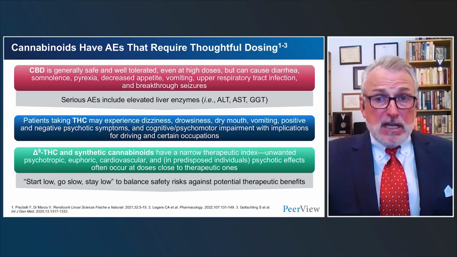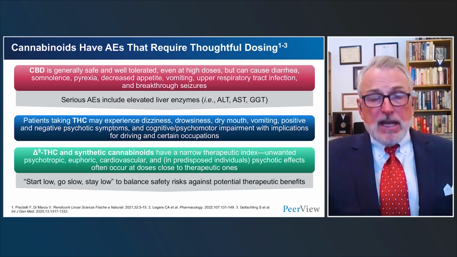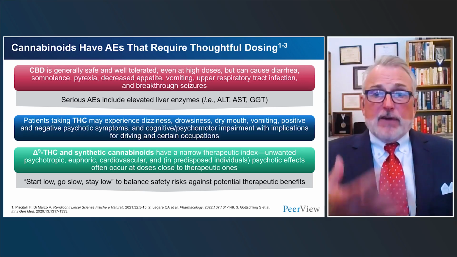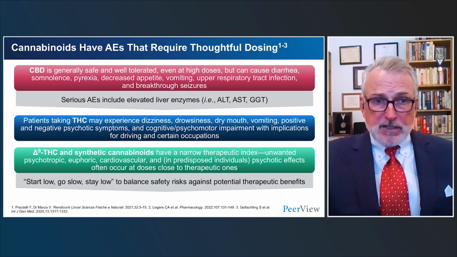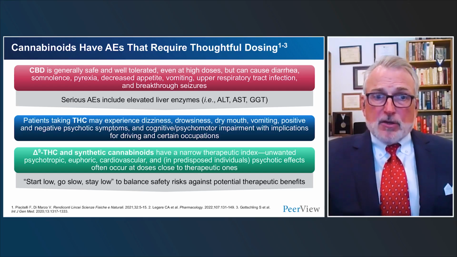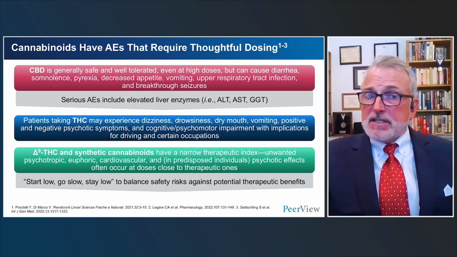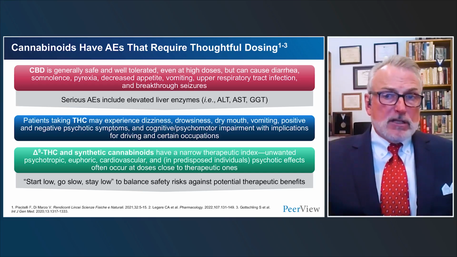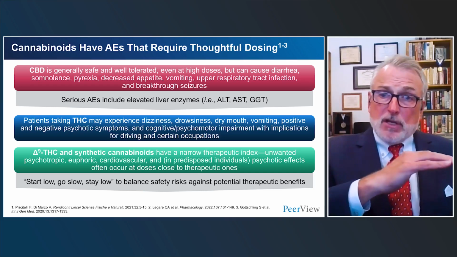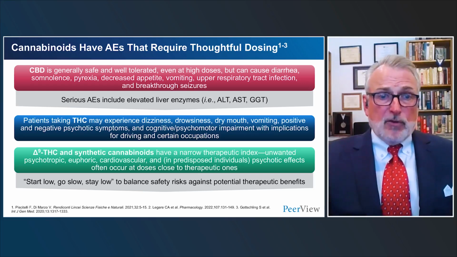So THC at high doses, especially when delivered via smoking or vaping, can have dramatic side effects. Delta 9 THC and synthetic cannabinoids may have a very narrow therapeutic index, where only a slight increase in the relative concentration goes from being beneficial to being harmful.